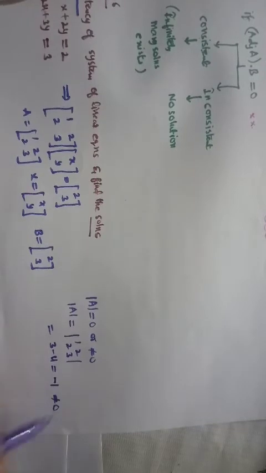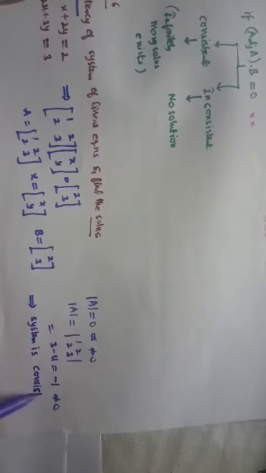Minus 1 is not equal to 0. Not equal to 0 means the system is consistent. First of all, the system is consistent. Then after getting that the system is consistent, we require to find out the solution for it.